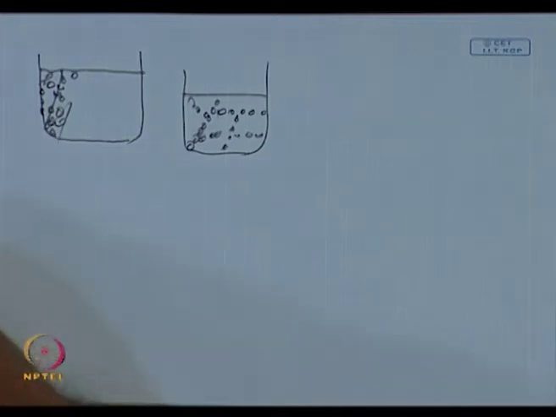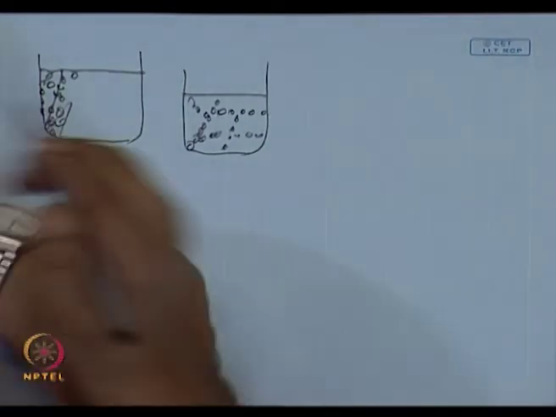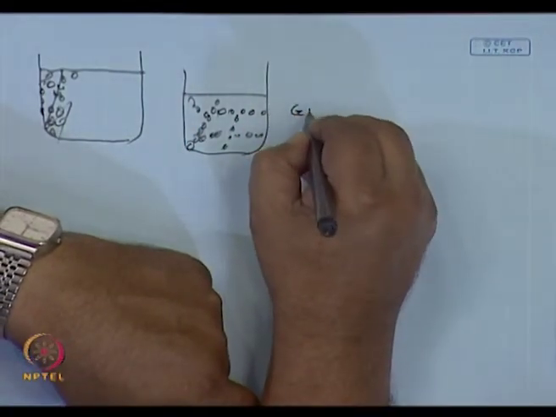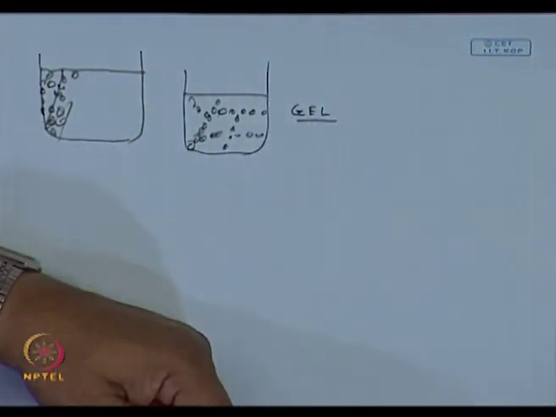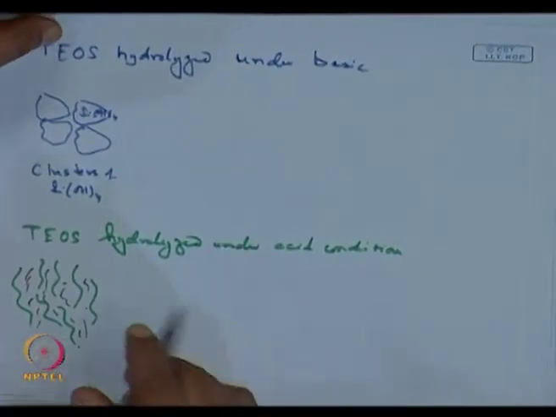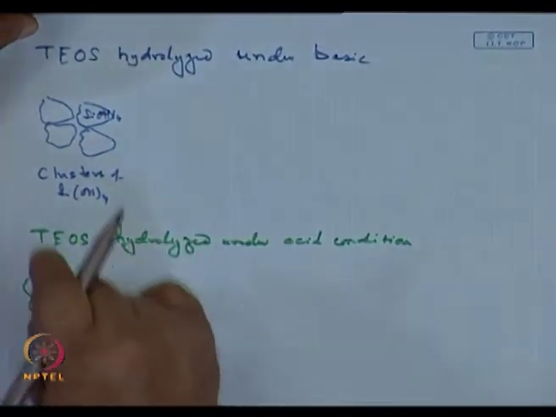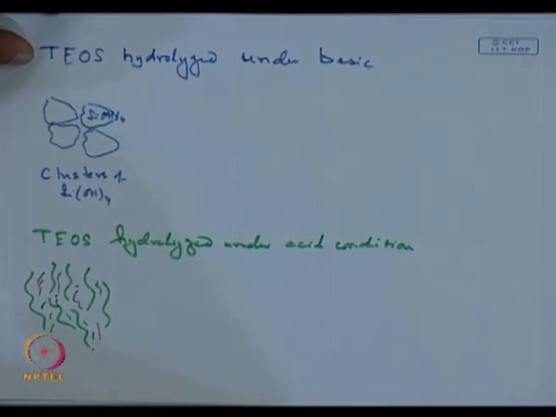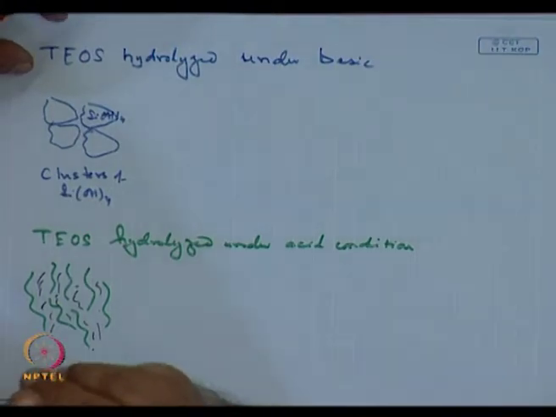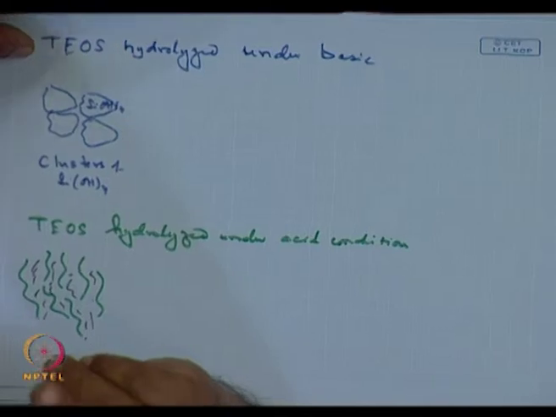See, they have formed this cluster. Let me say this is rigid enough to be called a gel. My question is, can these form a gel, the acid or the base catalyzed one? Yes, both of them can form a gel, but with two different ends.